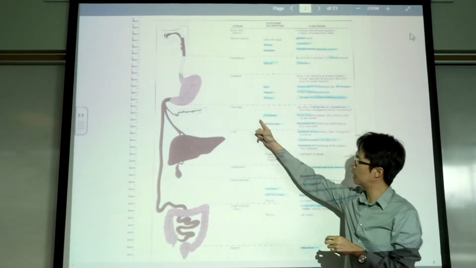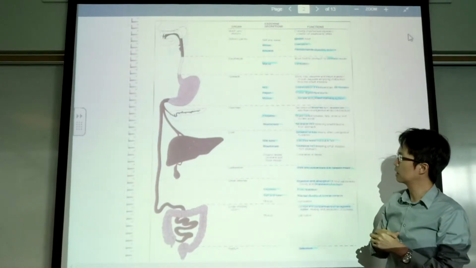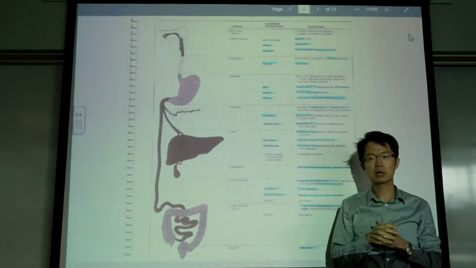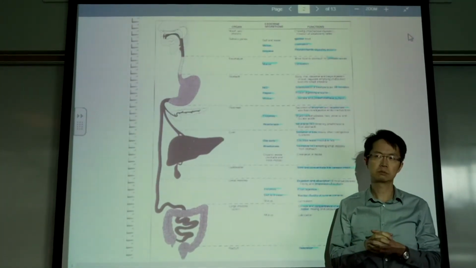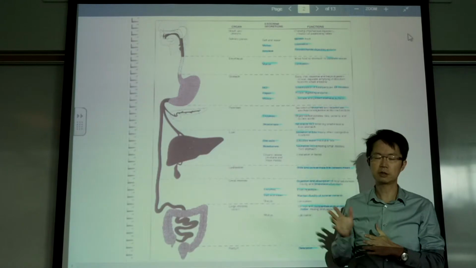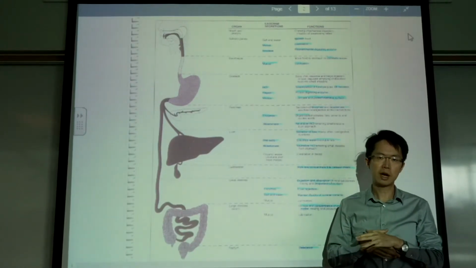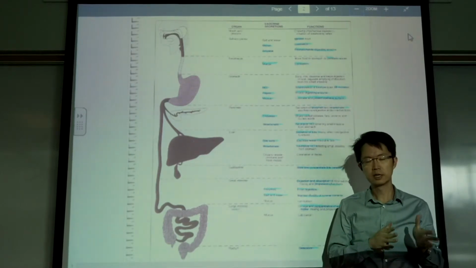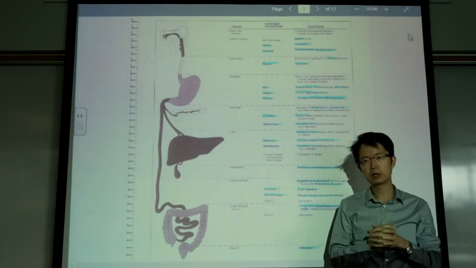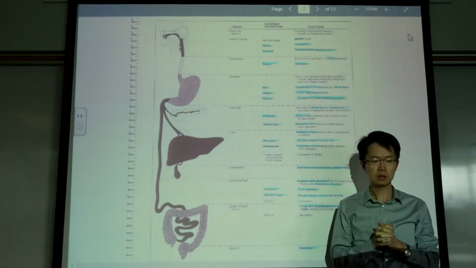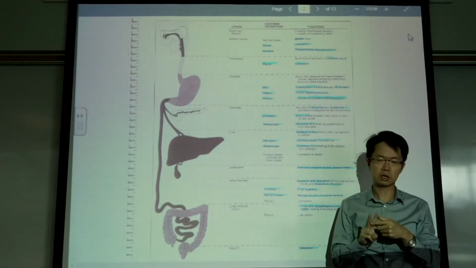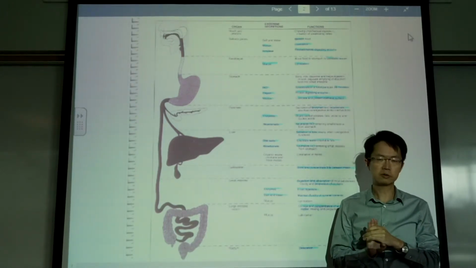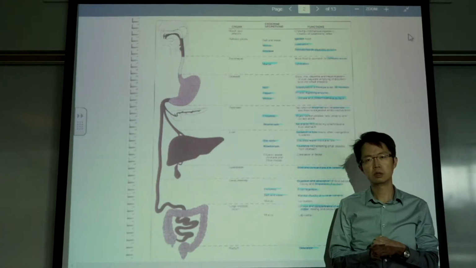And then the pancreas secretes digestive enzyme. In this chapter, we will learn about the pancreas as an exocrine organ. Remember, the pancreas was an endocrine organ when we covered the endocrine system. The pancreas secretes insulin, glucagon, and somatostatin, all these three as hormones in the bloodstream.